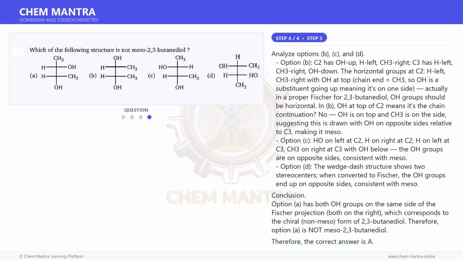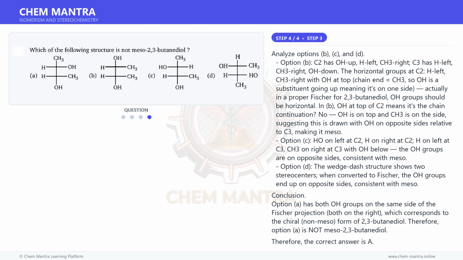And for the final step, analyze options B, C, and D. Option B, C2 has OH up, H left, CH3 right, C3 has H left, CH3 right or down. The horizontal groups at C2, H left, CH3 right with OH at top, chain end is equal to CH3.